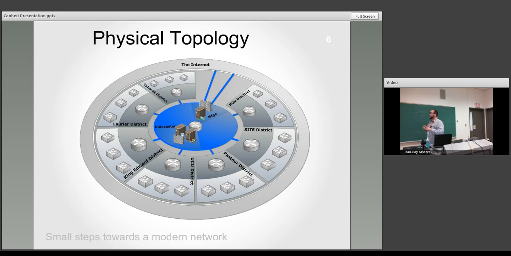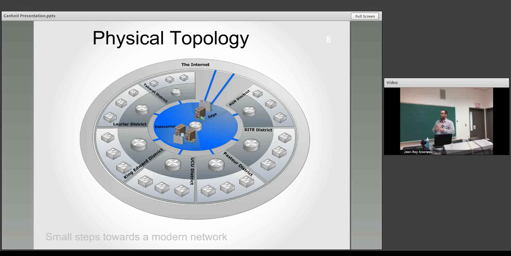So the data center module is where we have our corporate applications, all the services that a teacher uses when teaching, and the students when they need to access their files. Everything is basically stored in our data centers.